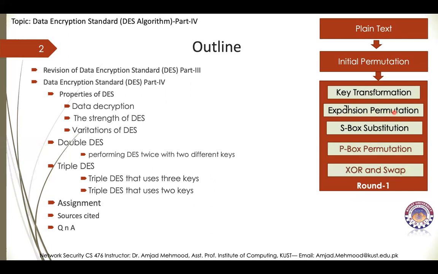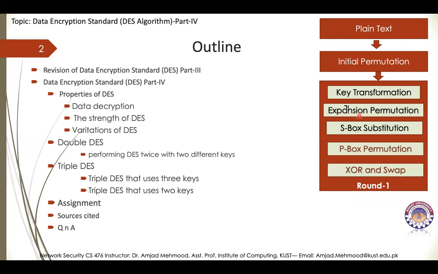As we have discussed in our previous lecture, if you have any problem, you can go through those lectures and sort it out. And then the output of expansion permutation, as the name indicates, is expansion.